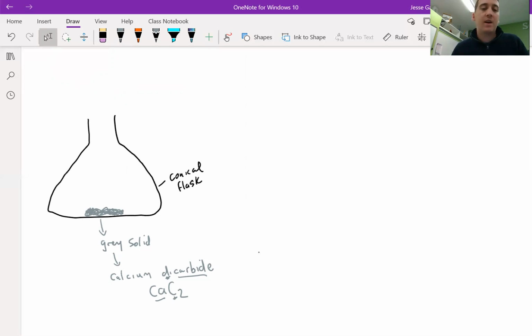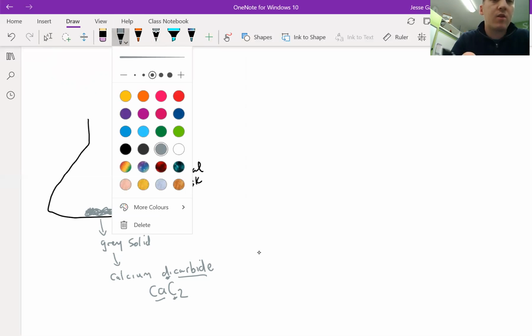They would put calcium dicarbide into the lamp and do a reaction with it, and the reaction would create a gas, the same gas we're going to make, that could be burned and produce a flame.